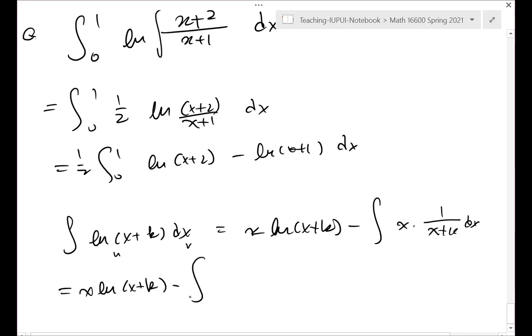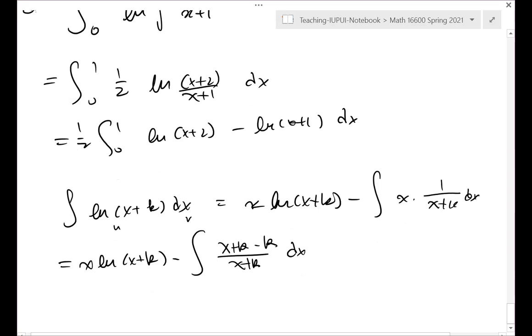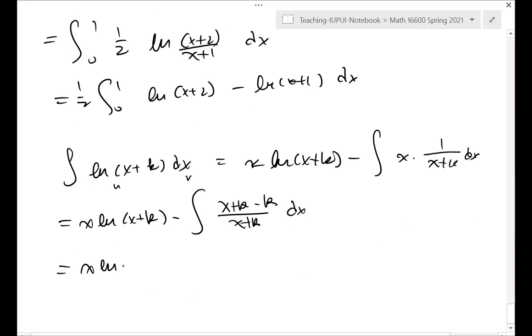The degree of the numerator is the same as the denominator, x over x plus k. So I quickly change it to 1 minus k over x plus k. You can use long division to get it.